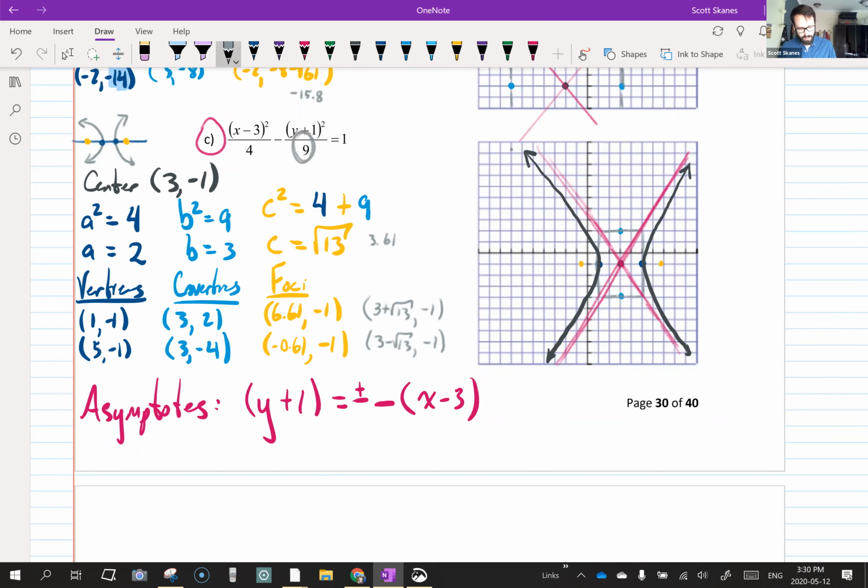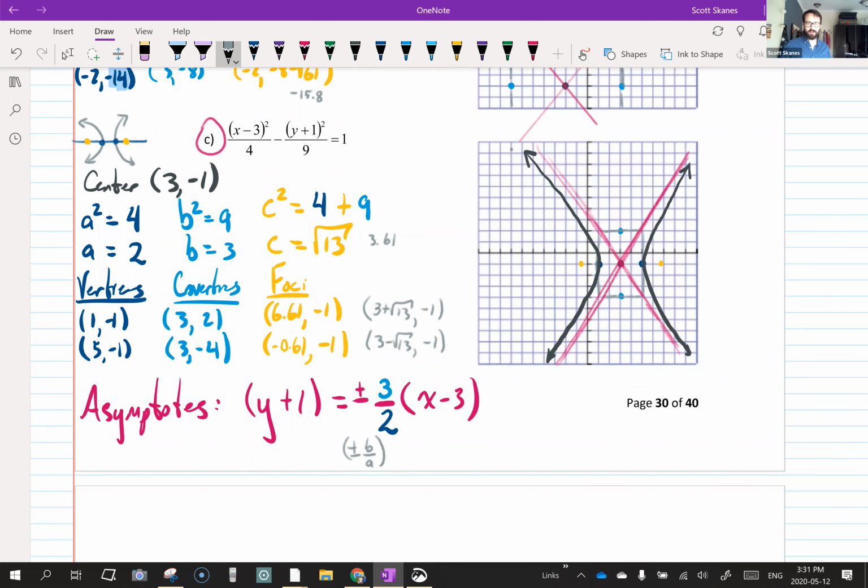So the square root of 9 divided by the square root of 4. Or in other words, put b on top and put a on bottom. So it's b over a. Plus or minus b over a.